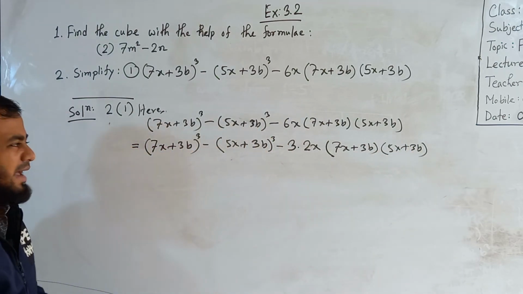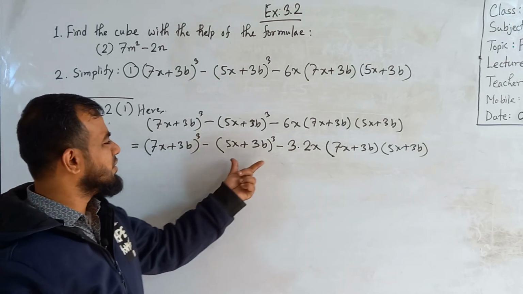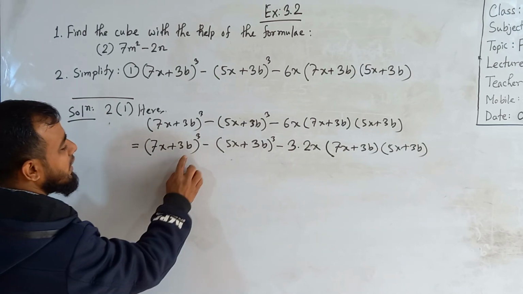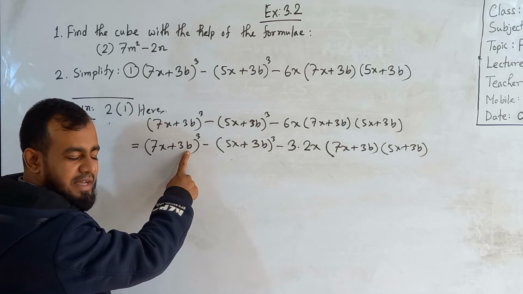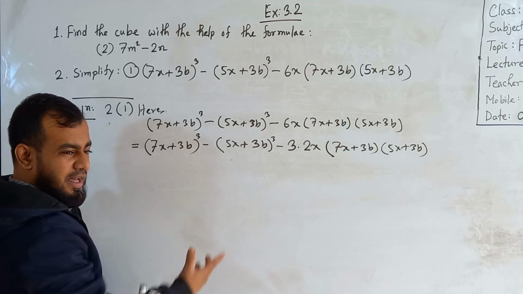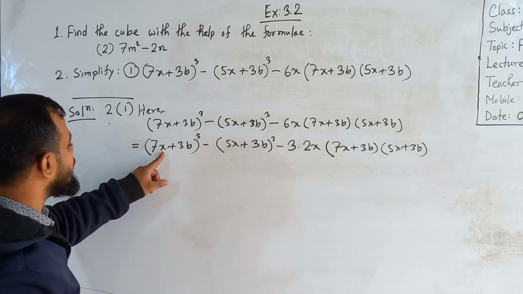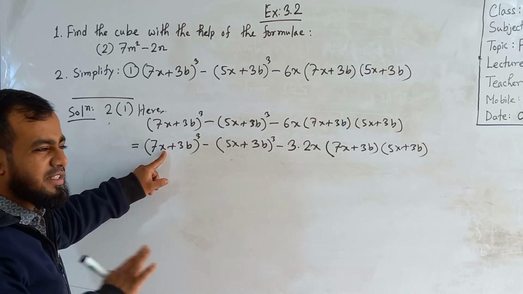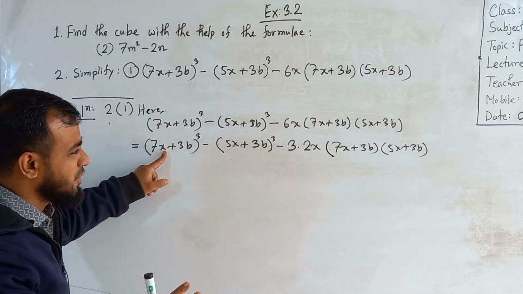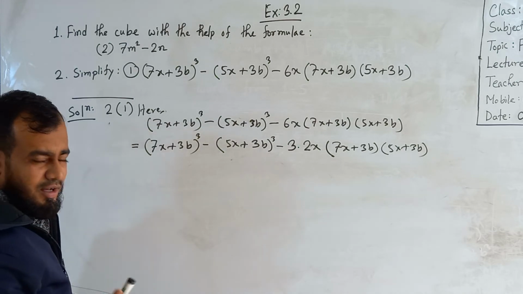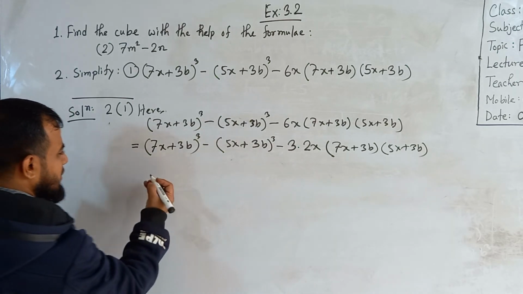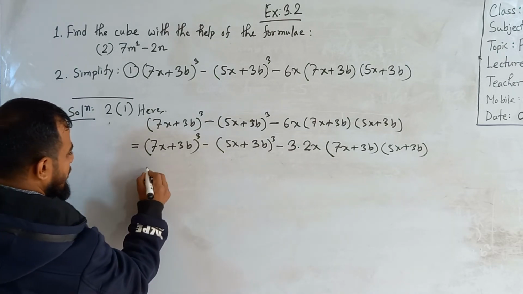Now we need to assume this one is our a and this one is our b, but here a term b is already present, so we can't assume it as b. We can take x and y, but x is also given here, that's why we can't take them either. We can take other letters. I am taking p and q.